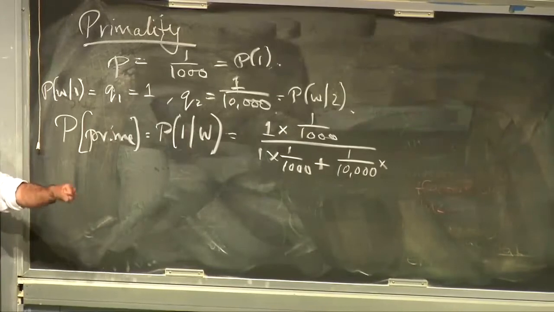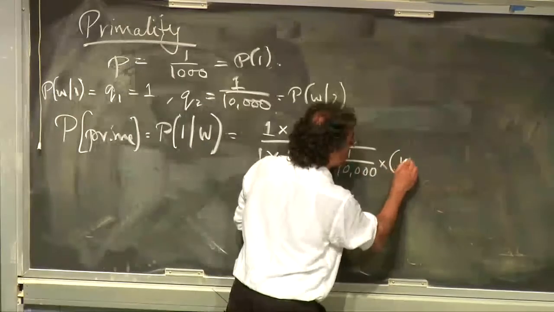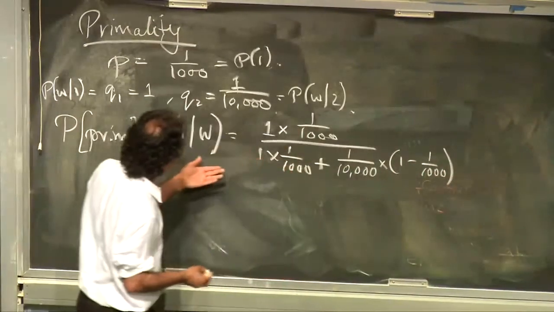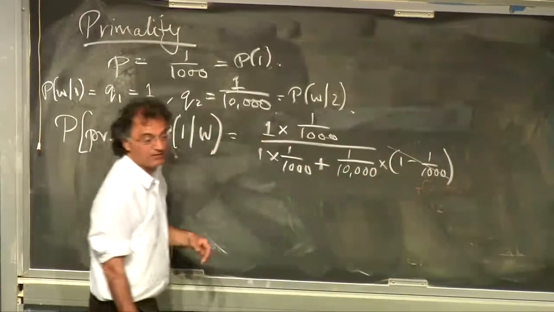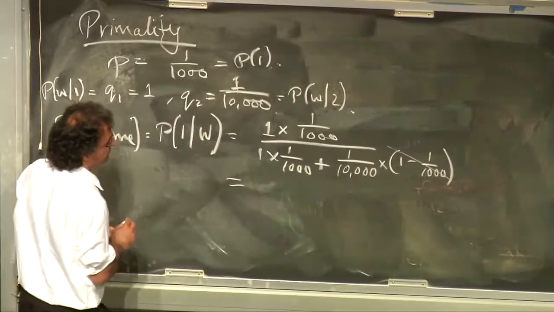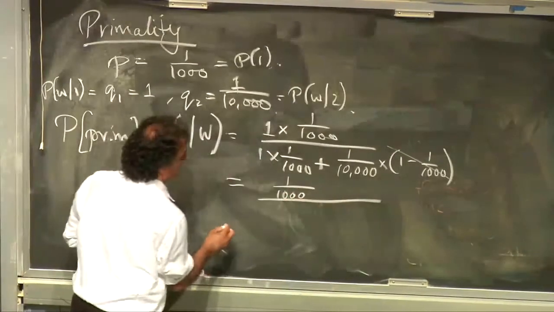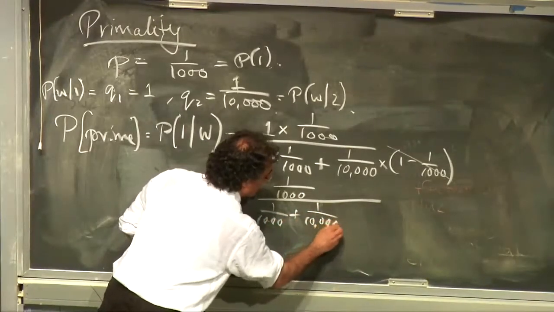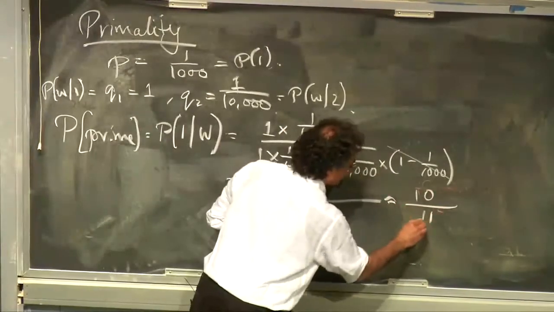Probability that if you pick a number at random, it's a composite. And that's almost 1, right? It's 1 minus 1 over 1,000. So we can just underestimate this number by making this larger. Right? So that's a very good approximation to make. And so that's about 1 over 1,000 divided by 1 over 1,000 plus 1 over 10,000, which is 10 over 11, right?